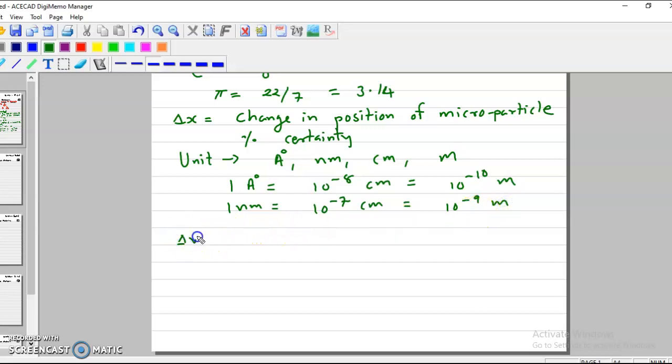Delta v is known as uncertainty in measuring velocity of microparticle. Again, we are discussing about microparticle only, and this can be percentage certainty.